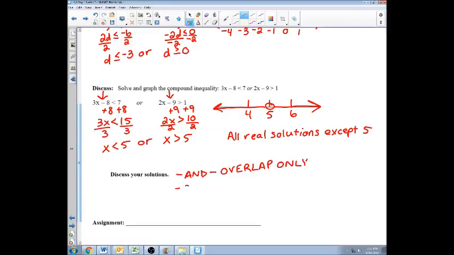If it is an OR problem, it'll be two distinct regions. Okay?